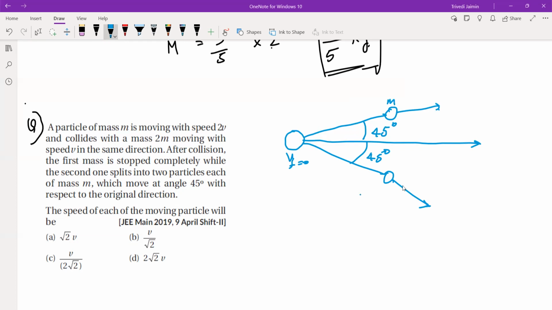So we have two masses here, 2v, v, m, and 45. That's it. The question is done. M2v plus 2mv equals to, yes, somebody typed option D. Let's check. I don't know. Let me solve this.